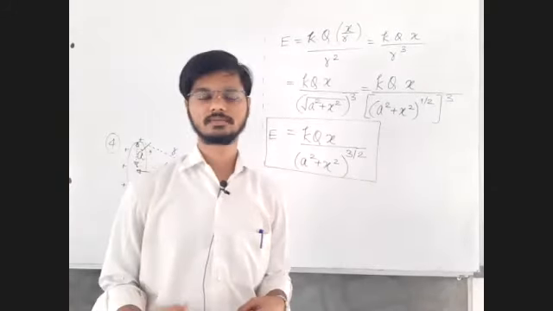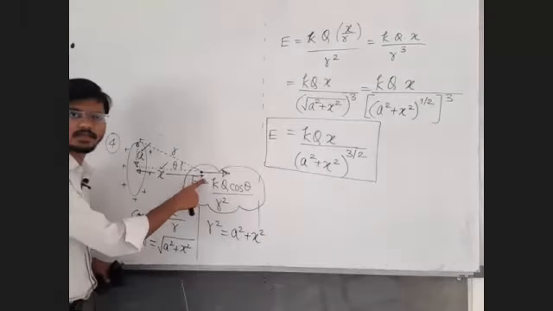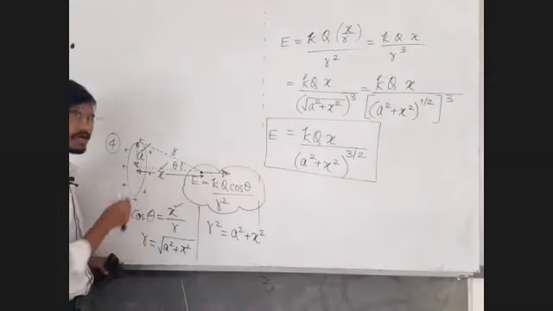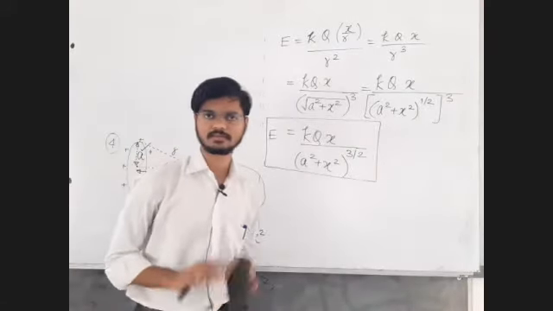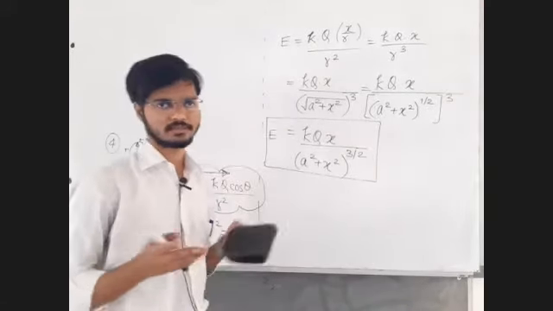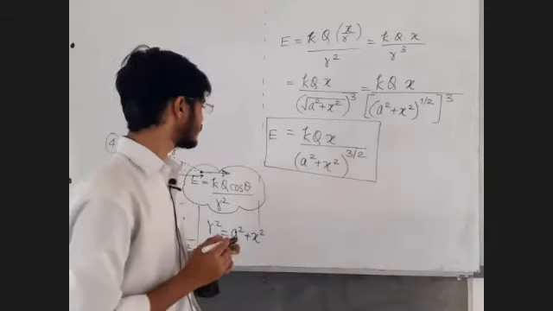Good. X equal to 0, distance on the axis is equal to 0, means this point will come here at the center of the ring. What is the electric field at the center of the ring? If the ring is uniformly charged, electric field at the center of the ring must be equal to 0. Let's see.